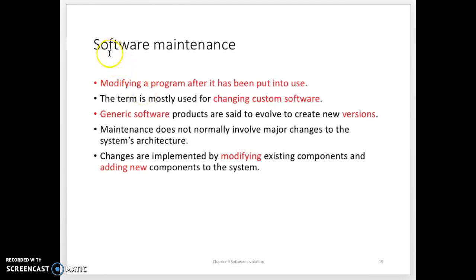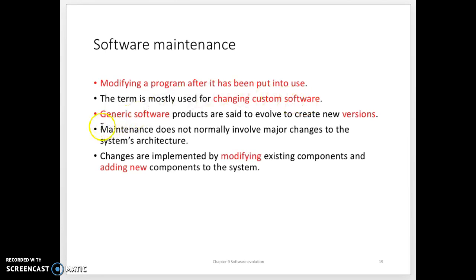Software maintenance is a term that means modifying a program after it has been put into use. This term is mostly used for changing custom software, and custom software means software that has been developed for a certain purpose for a certain organization.